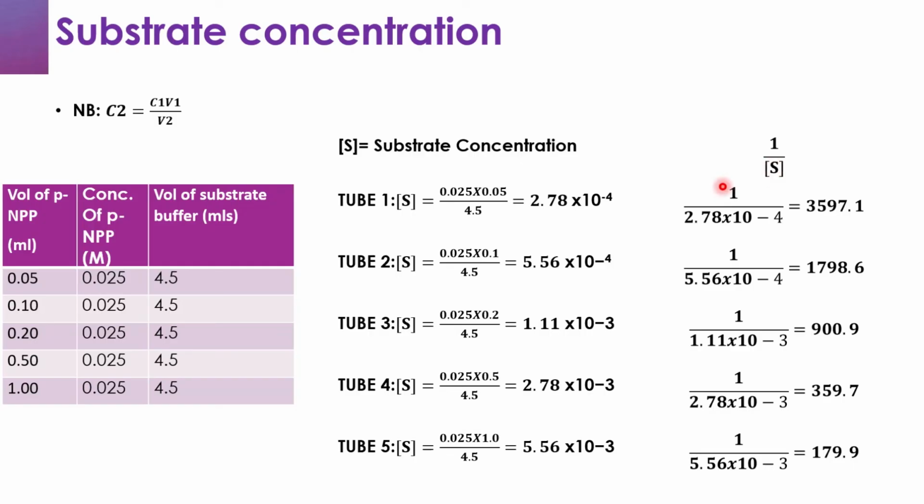So if you do this, we will get 1 over this value, and if you calculate, we will get this result. And if you take 1 divided by the substrate concentration over here, we will get this result. And likewise for the remaining values, we will get these results.